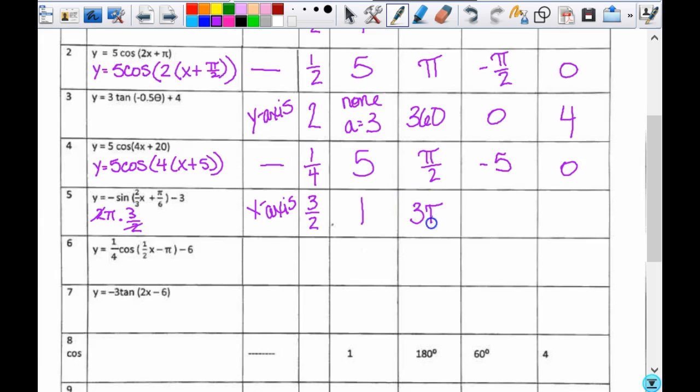Fractions making your brain hurt a little bit. All right, so then I have to also factor this out. So this is going to become y equals negative sine of 2/3 times x. All right, so I've got pi 6 that I also have to divide by 2/3. So what's that going to give me?